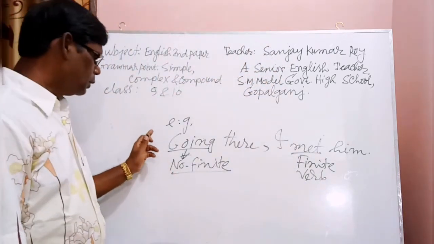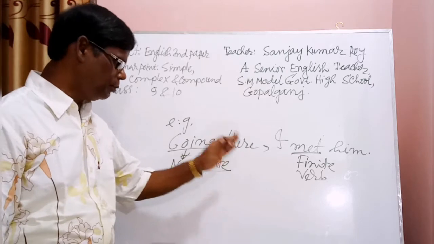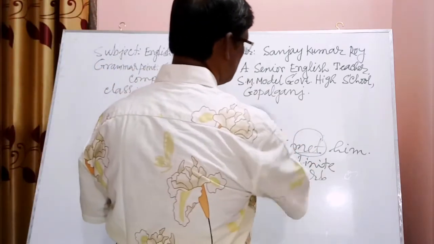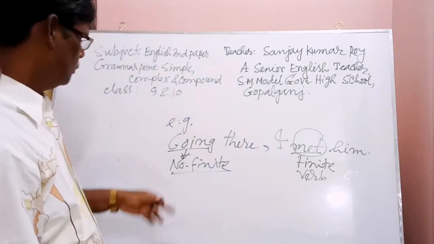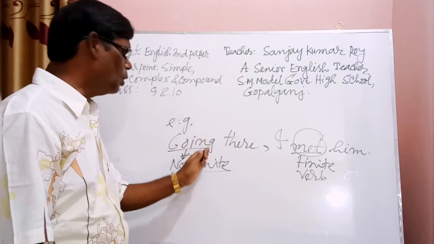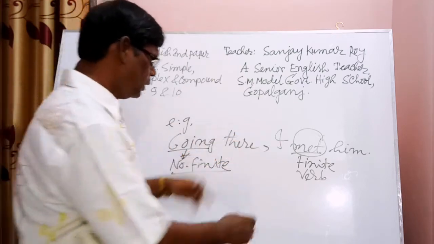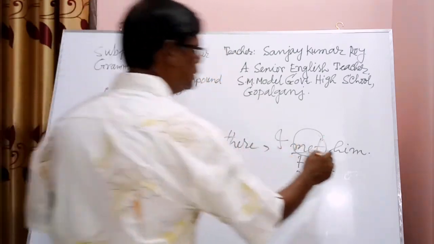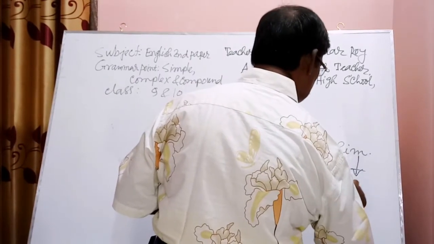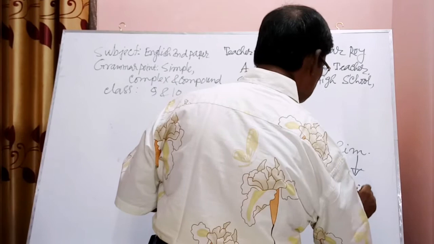This sentence contains only one finite verb. Going is not a finite verb, it's a non-finite verb. So this sentence is a simple sentence.